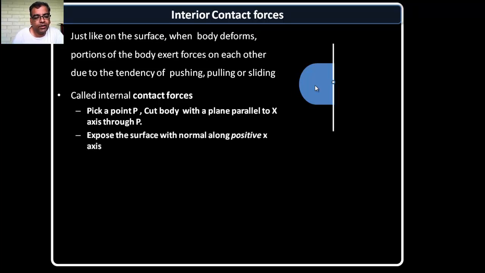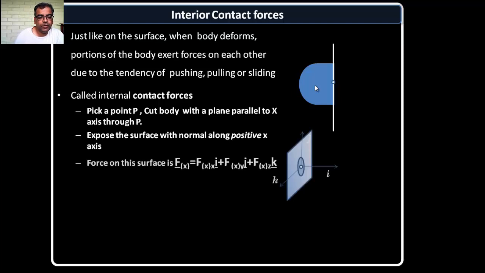Expose the normal, and then the force on this face will have three components: fxx, fxy, fxz. The first x refers to the normal or nose of the face. The second refers to the direction of the force. So fxx is x normal, x direction; fxy is x normal, y direction; fxz is x normal, z direction.